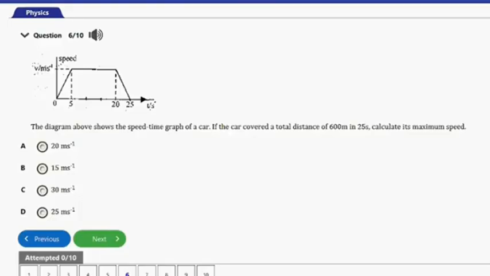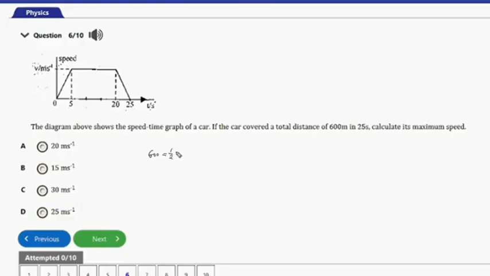So guys, the total distance covered here is 600 meters. So we're going to have that 600 meters is actually half times the time here times Vmax.